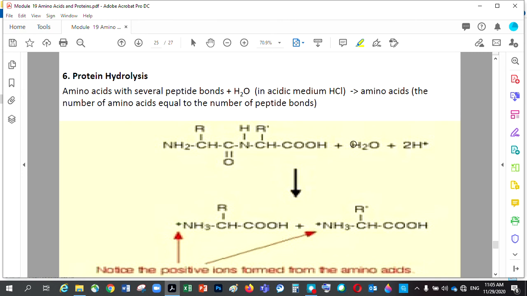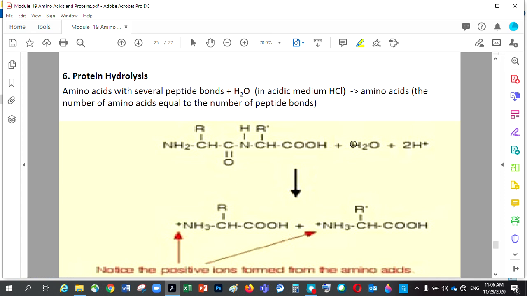There is a reaction of protein hydrolysis. If we have combined those amino acids into a chain of amino acids called proteins, we can take the protein back to its individual amino acids. Can we? Yes, we can. We can use H2O in acidic medium, with acid as a catalyst. We can break down this long chain. Suppose we have 50 amino acids making a long primary chain.